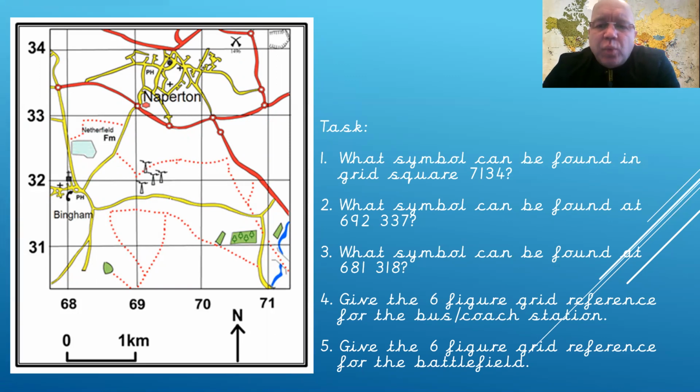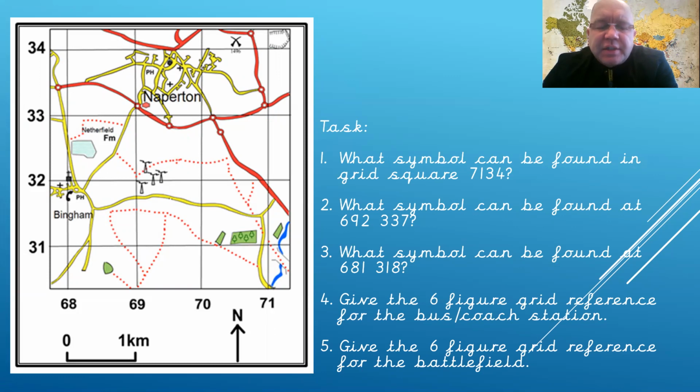The first one is, what symbol can be found in the grid square 7134? That one is just a 4-figure reference. We just need to find the square, and then I'd like you to tell me what the symbol is in that square. Question 2, what symbol can be found at 692337?